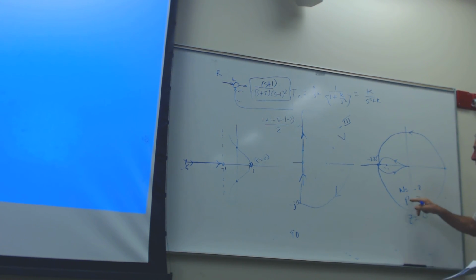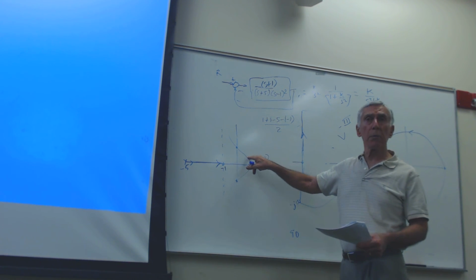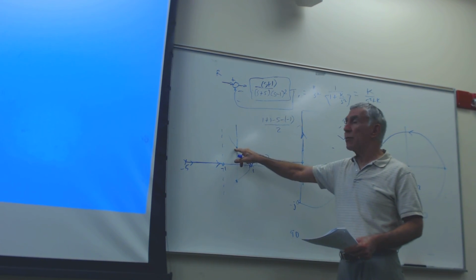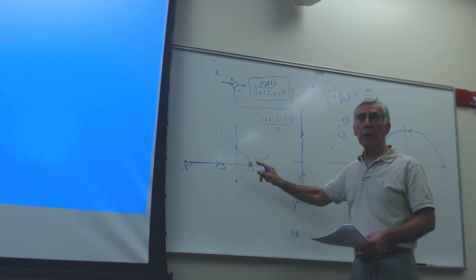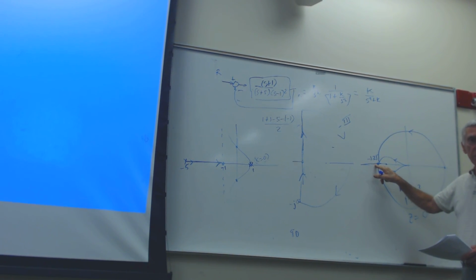In fact, N will be equal to 0 and P will be equal to 2, and therefore Z will be equal to 2. Okay. So, again, it's good to look at the root locus plot. You can see that it will be marginally stable, and therefore it will have a 180-degree phase crossover point there.